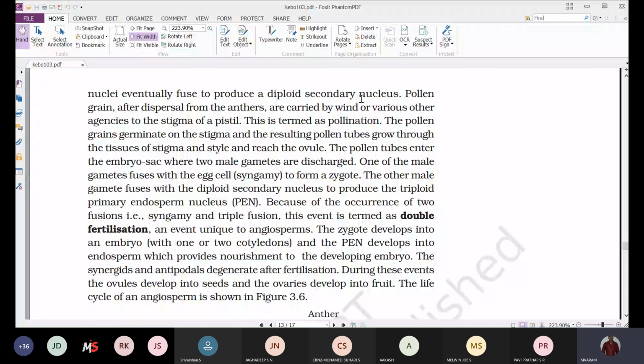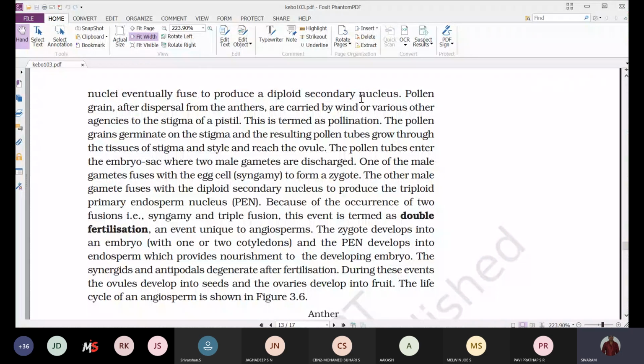After the pollen tube enters and discharges its male gametes into the embryo sac, only then the two polar nuclei fuse and result in the formation of a diploid secondary nucleus. Remember this clearly. This is very, very important.